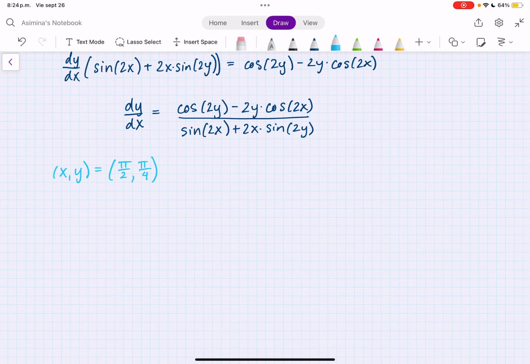So plugging this in, we get dy/dx evaluated at this point is going to be cosine of 2 times y, which is pi over 4, minus 2 times y, times cosine of 2x. x is pi over 2.